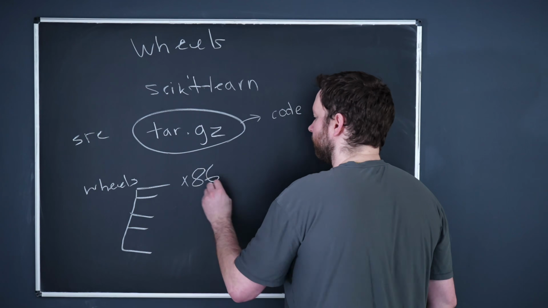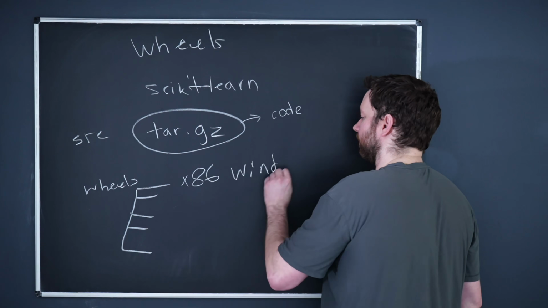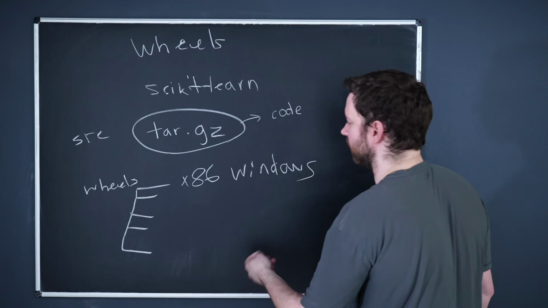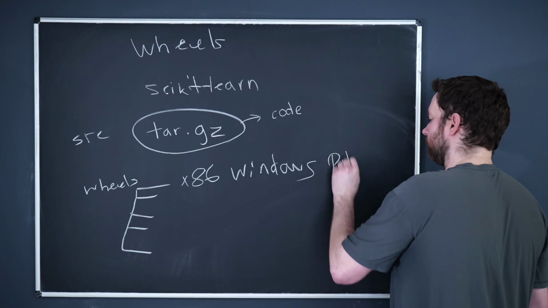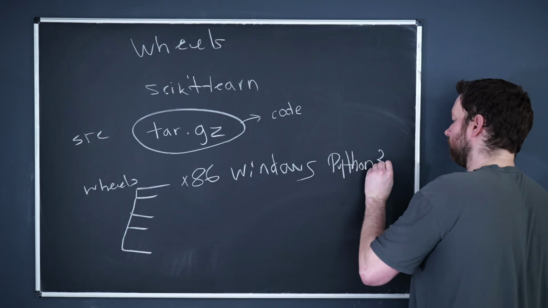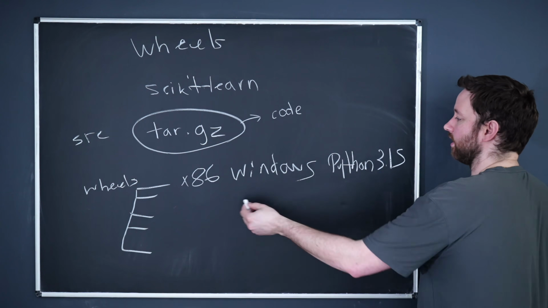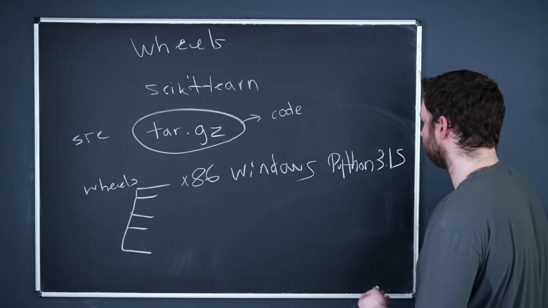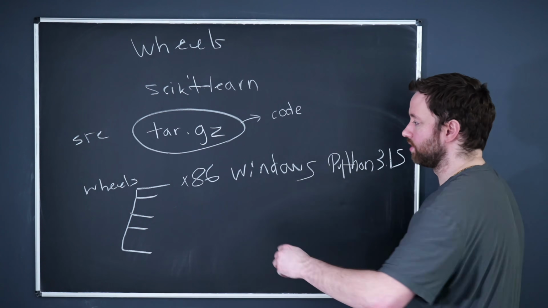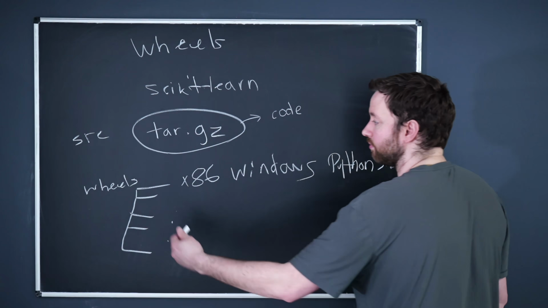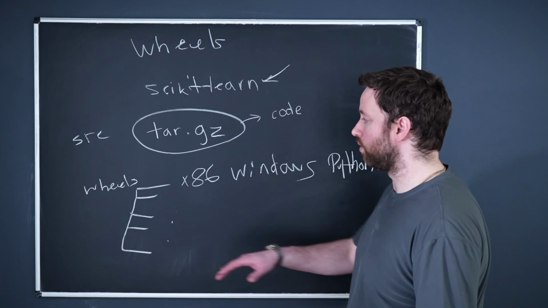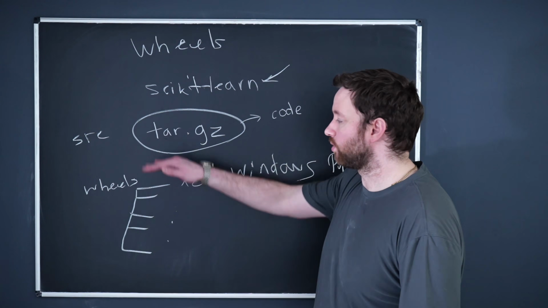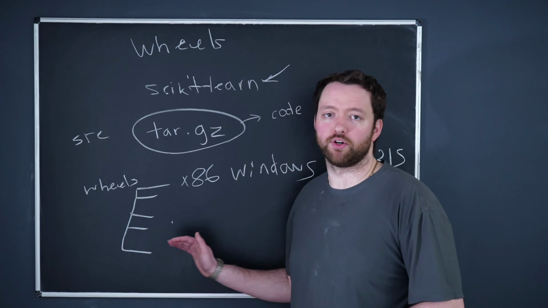Just for example, I don't know exactly what the name would look like, but it might be something like this: x86, Windows, Python 3.15. These wheels are not cross-compatible, so there will be a bunch of different wheels for different platforms. Basically, the library creator did the work for you, already taking it from source, bringing it to what you need on your platform.